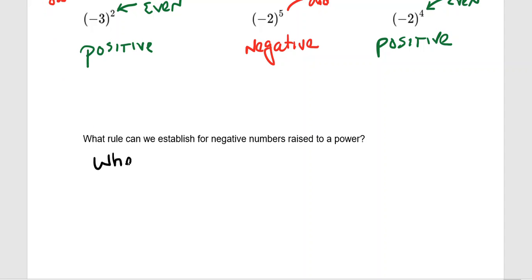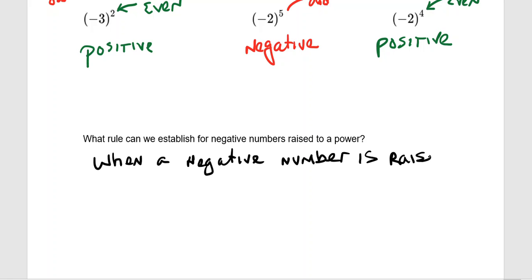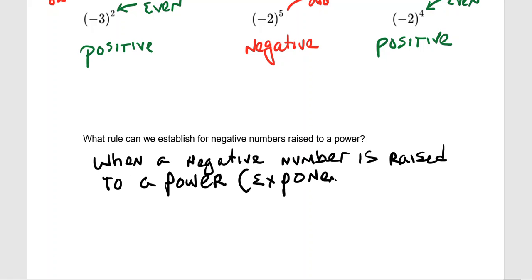We can say when a negative number is raised to a power, and what I mean is an exponent, there's going to be 2 statements we can make.